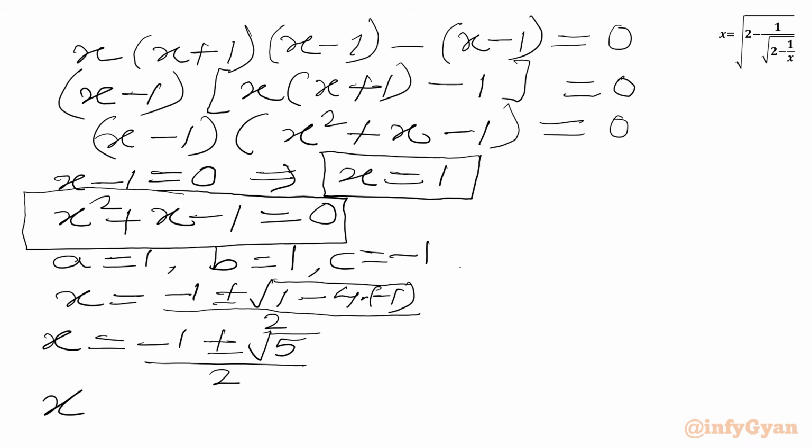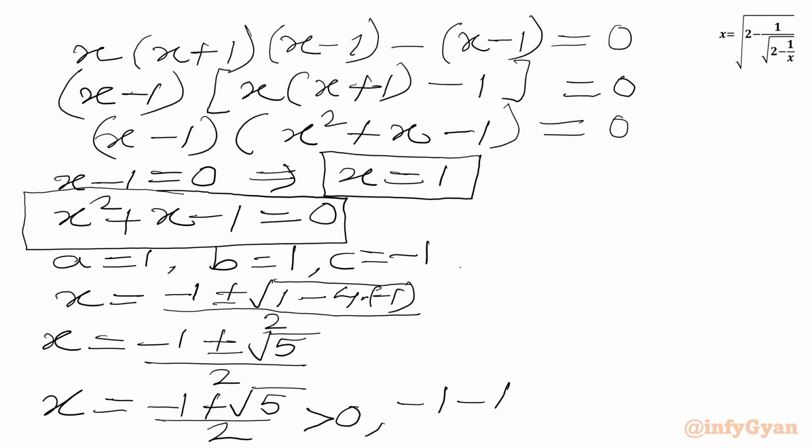So here we are having two values. If I will write minus 1 plus square root 5 over 2, which is positive number. And second value is minus 1 minus square root 5 over 2. And this is negative number. So our condition on x is x must be positive.